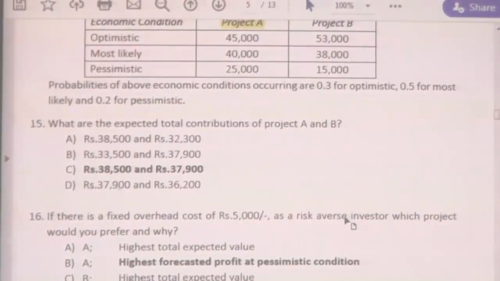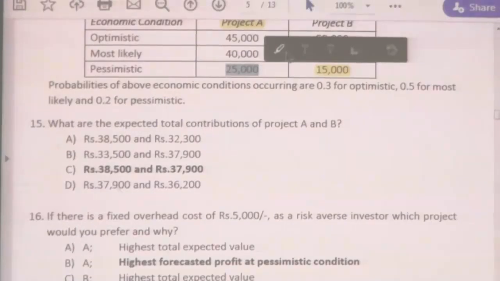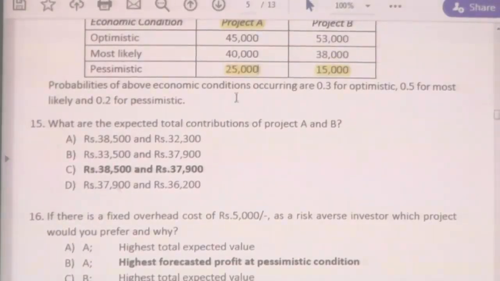You will select the minimum, then out of the minimum you will select the highest. Now in project B, the lowest profit is 15,000. In project A, the lowest profit is 25,000. Out of the minimum you will select the maximum, that is 25,000. This will be the selection.